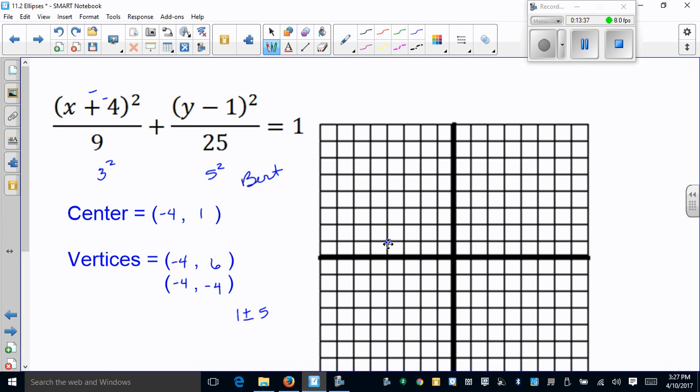So 1, 2, 3, 4, 5, 6. And the other one is -4, -4. 1, 2, 3, 4. And then from the center, I'm going to go out 3. And then we draw the ellipse. There you guys go.